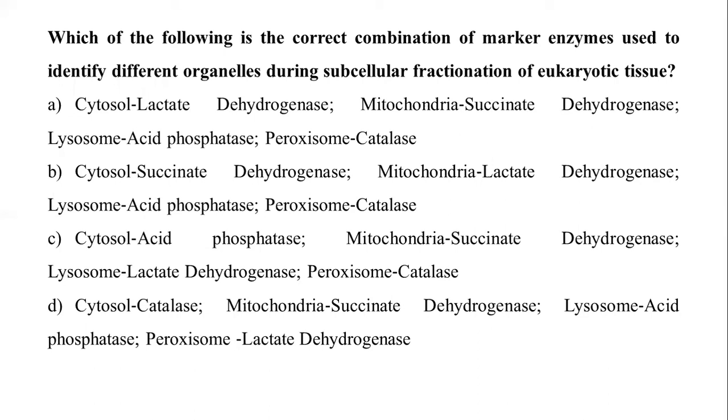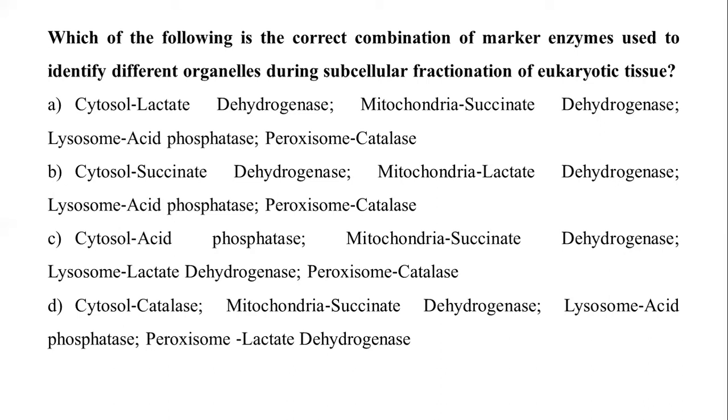Increased concentration of LDH in the cell supernatant is an indicator of the cell damage. The next enzyme, succinate dehydrogenase, is a mitochondrial marker which provides a variety of electrons that are needed for the respiratory chain process. Now, that particular process takes place inside the mitochondria.